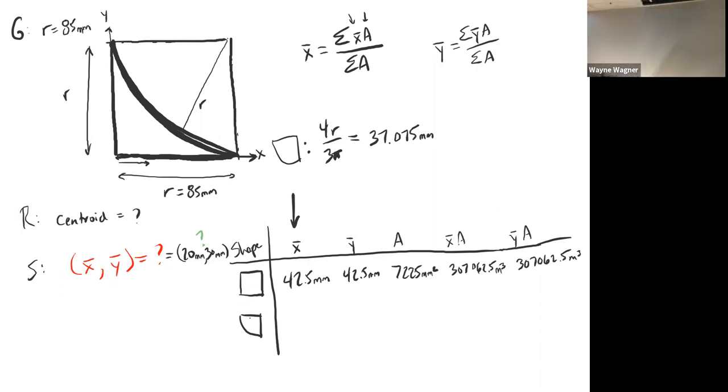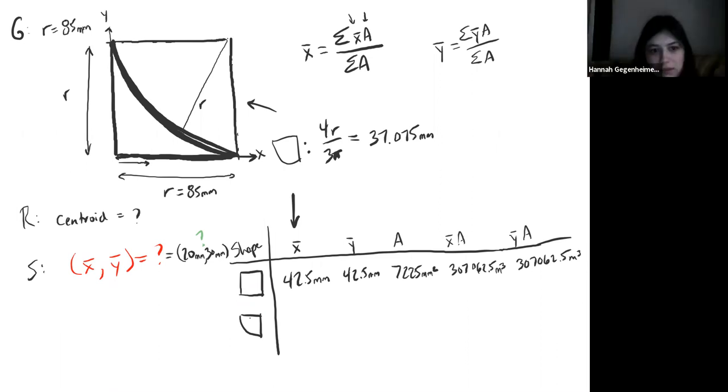Okay, so what is that for over here? Right, because we need an X bar. So where is this 37.075 measured from? Is it from the left? So it's measured from over here?